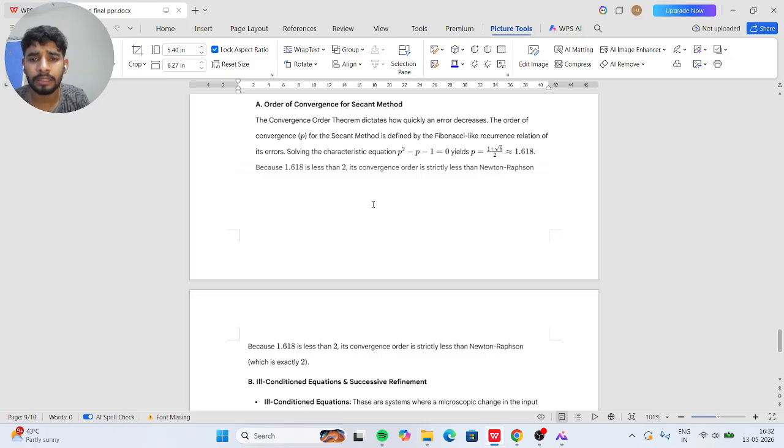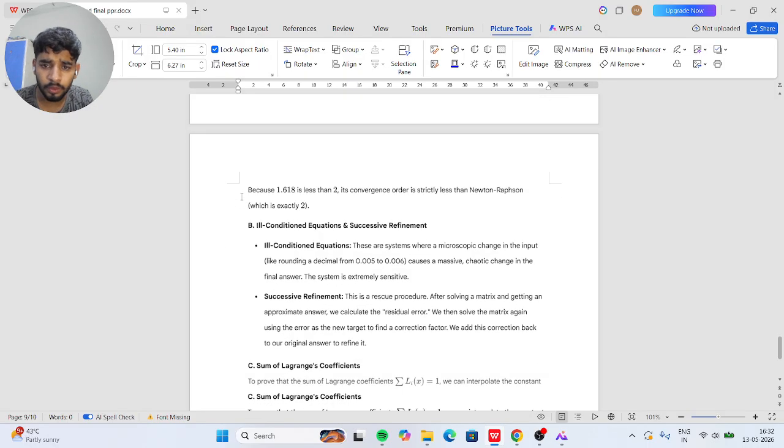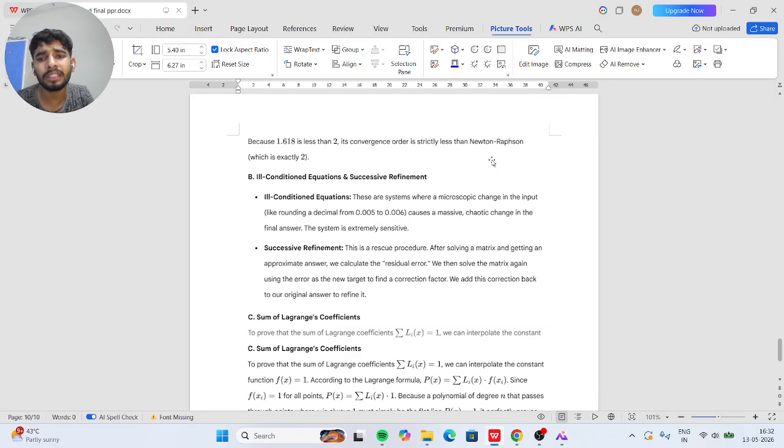Solving the characteristic equation P squared minus P minus 1 equals 0, it yields P equals (1 plus root 5) by 2, nearly equals 1.618. Because 1.618 is less than 2, its convergence order is strictly less than Newton-Raphson, which is exactly 2.